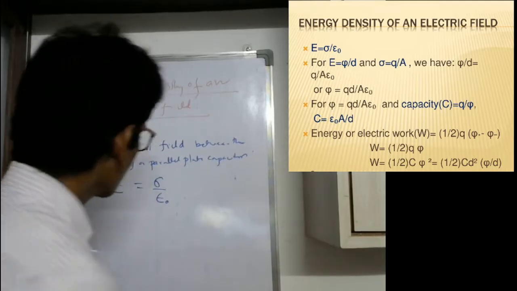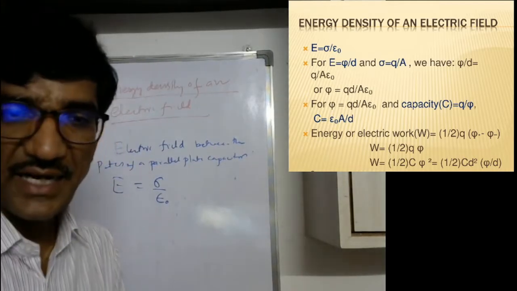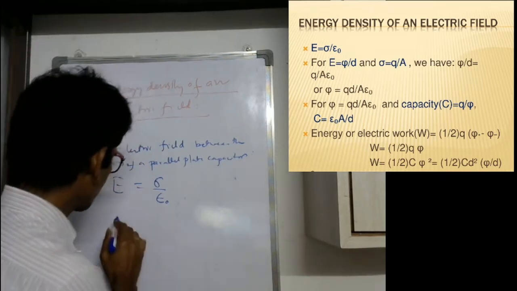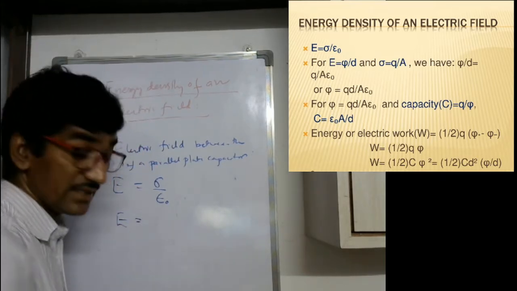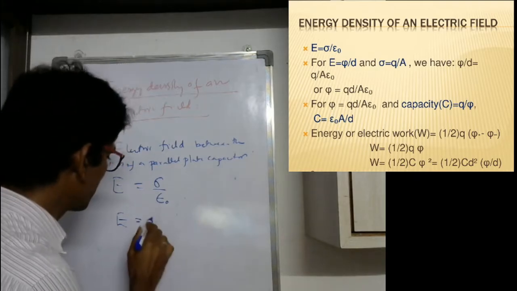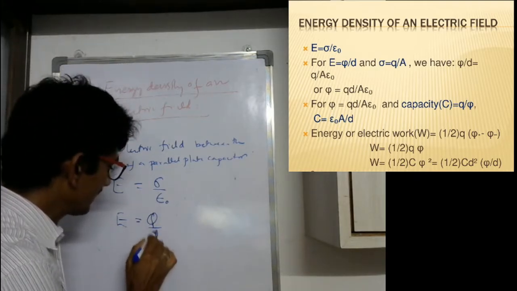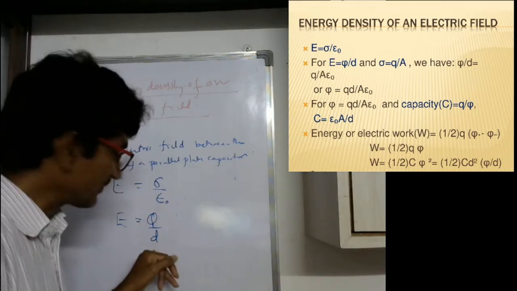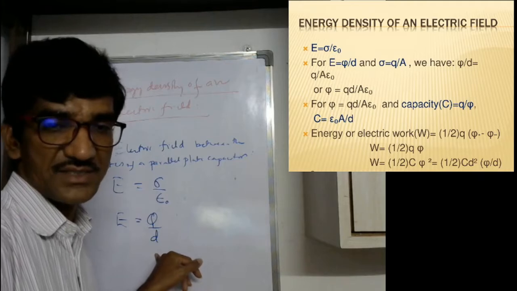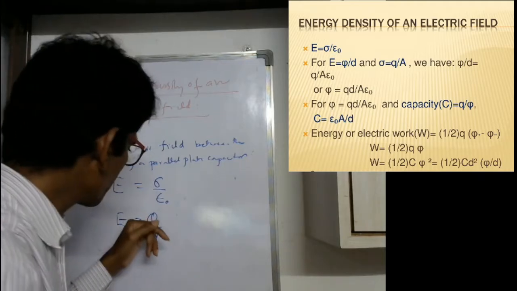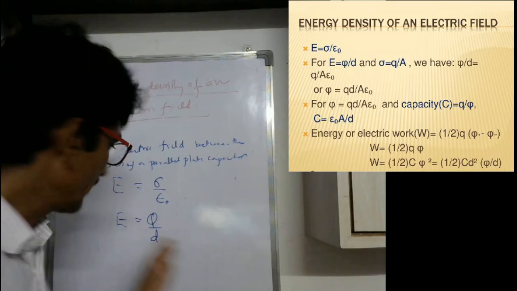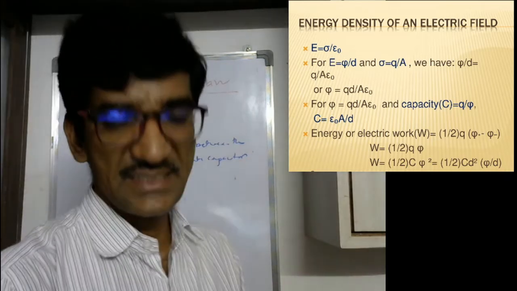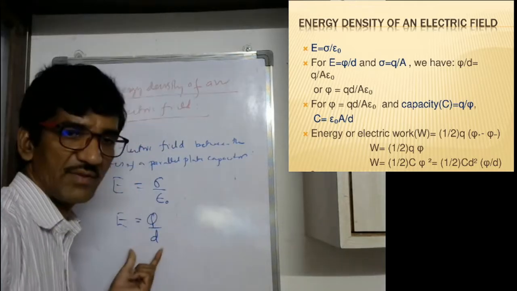What is the relation between E and phi? In the case of a capacitor, you write E is equal to phi by D. This is the field between the plates, and D is the separation between the plates, having the dimensions of length.